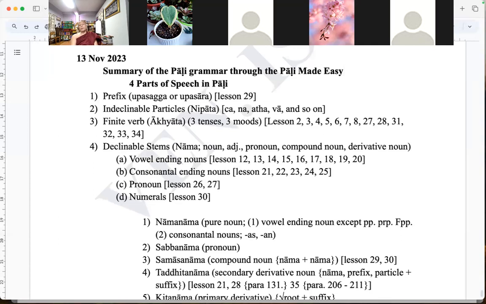So even though you don't remember everything, when we do the exercise or when we read it, finally you know this one is the subject, this one is the verb, this one is the object, or which case ending it is. At least you know that. That is the effect of learning. Even though you don't know where that is explained, or what kind of noun it is, that is the direct result of learning this.